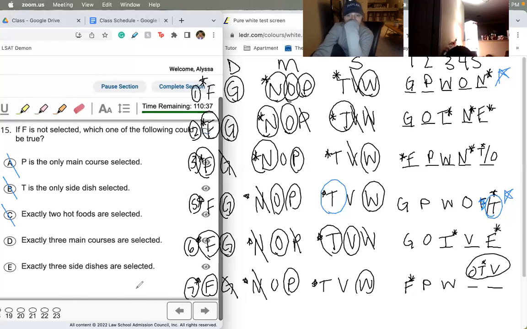And 5 doesn't happen in 5, but it doesn't matter because it just has to be true. Okay, so D does not have to be eliminated because it happens in 1. Okay. What about E? And then E, side dishes, T, V, and W. Doesn't happen in 1 and does not happen in 5. Yeah. That leaves us with D as our answer choice, right? Yes.